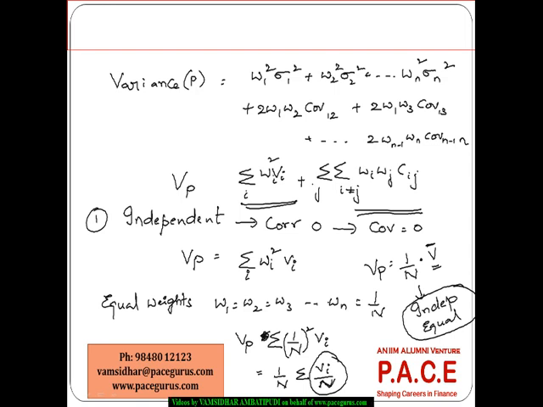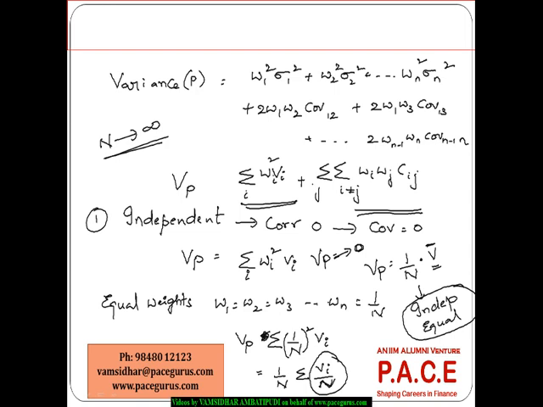Now, one more extension: add so many assets to the portfolio that n gets closer to infinity. Then the variance of the portfolio is almost approaching zero, because this divided by infinity approaches zero.